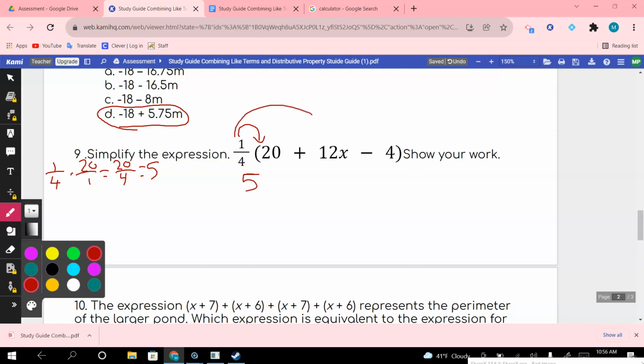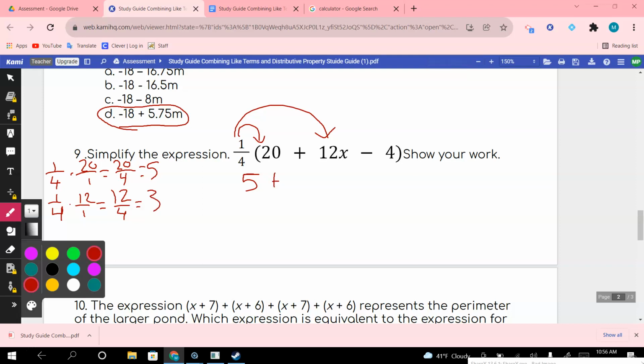So we need to do 1/4 times 12x. So 1 times 12 is 12. 4 times 1 is 4. Improper fraction, so when I divide, I am getting a whole number. 12 divided by 4 is 3.